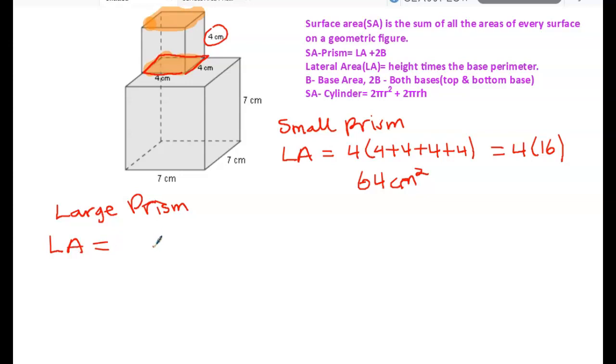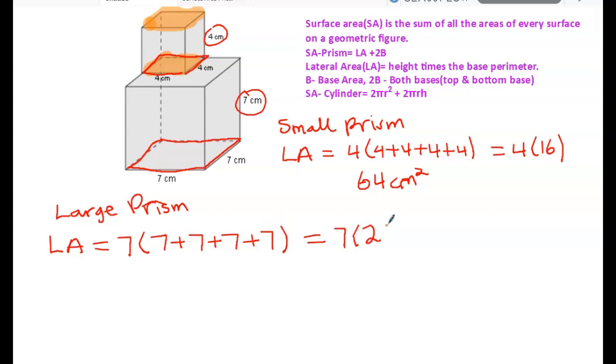For the large prism, we need the LA and we are going to need the 2B. Let's find the LA, the lateral area, for which we need the height and then the perimeter of the base: 7 plus 7 plus 7 plus 7. 7 times 28 is 196 centimeters squared. We need the 2B of this as well.